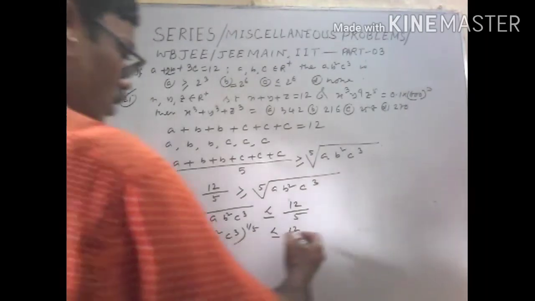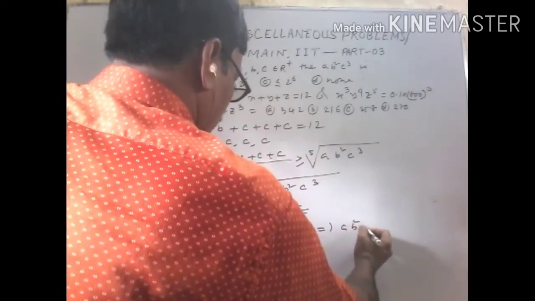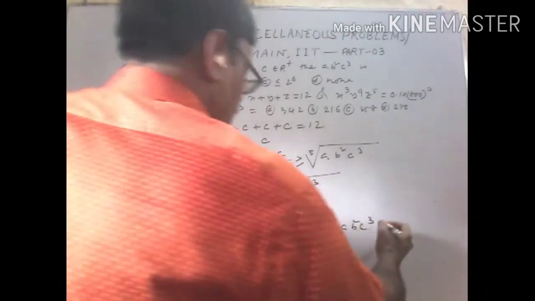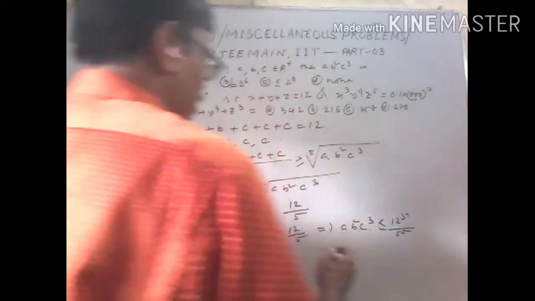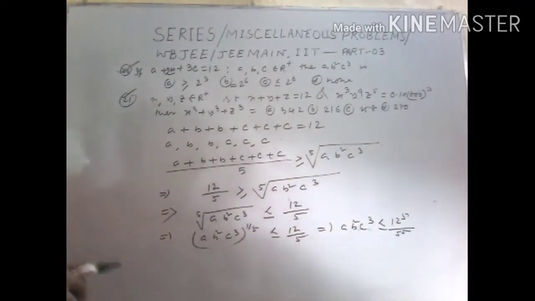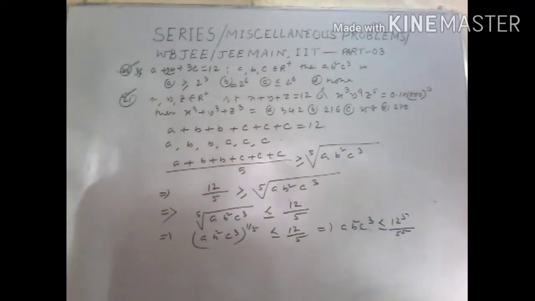So finally, what we are getting is a b square c cube is less than or equal to 12 to the power 5 by 5 to the power 5.